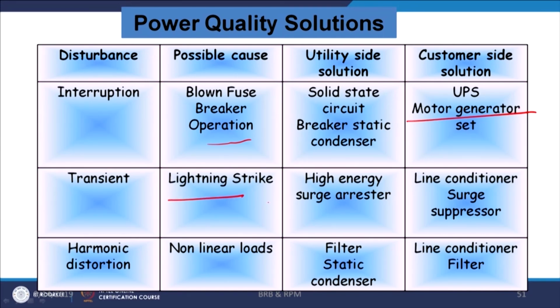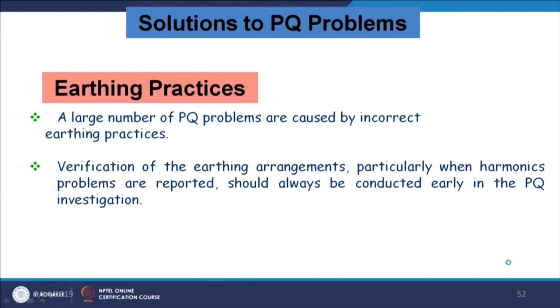For transient lightning strikes, a high energy surge arrestor, and as a consumer we need the line conditioner and surge arrestor. Harmonic distortion is due to nonlinear loads. So, you can have static condensers, filters, and for us it will be a line conditioner, filter, or active power filter.